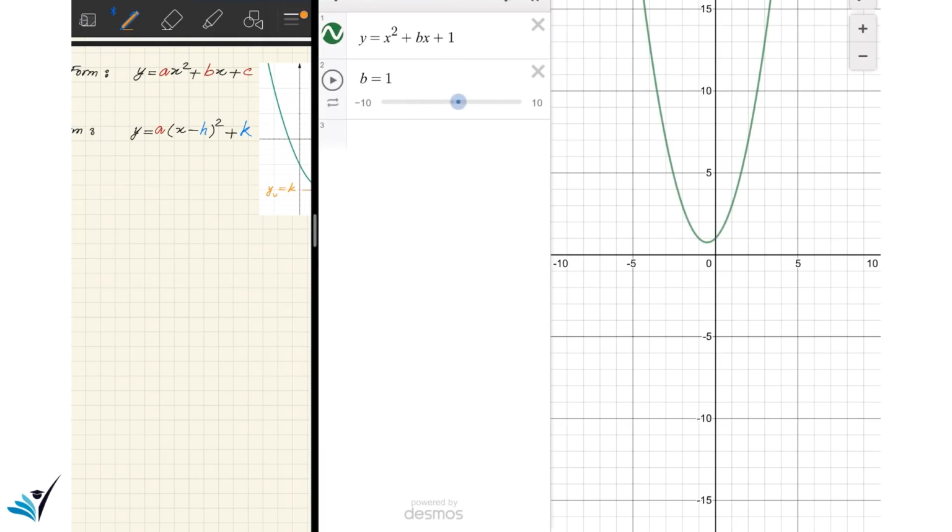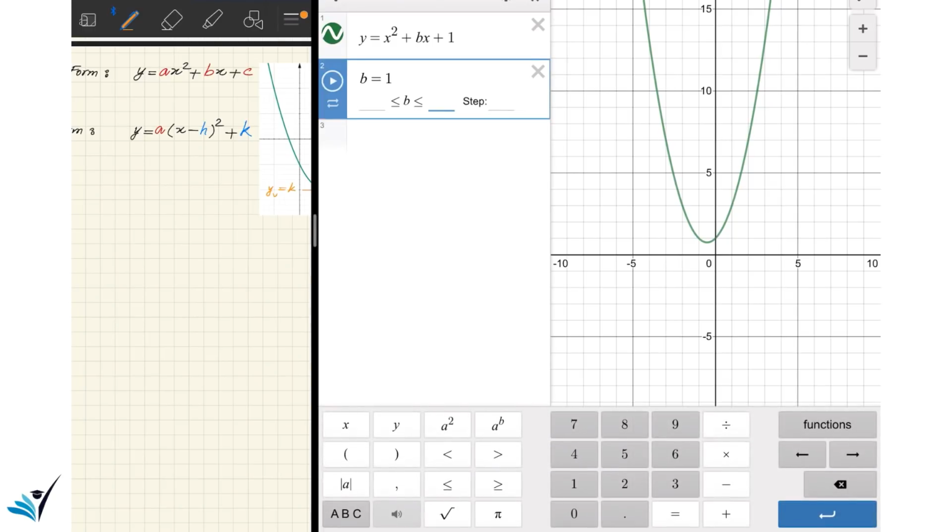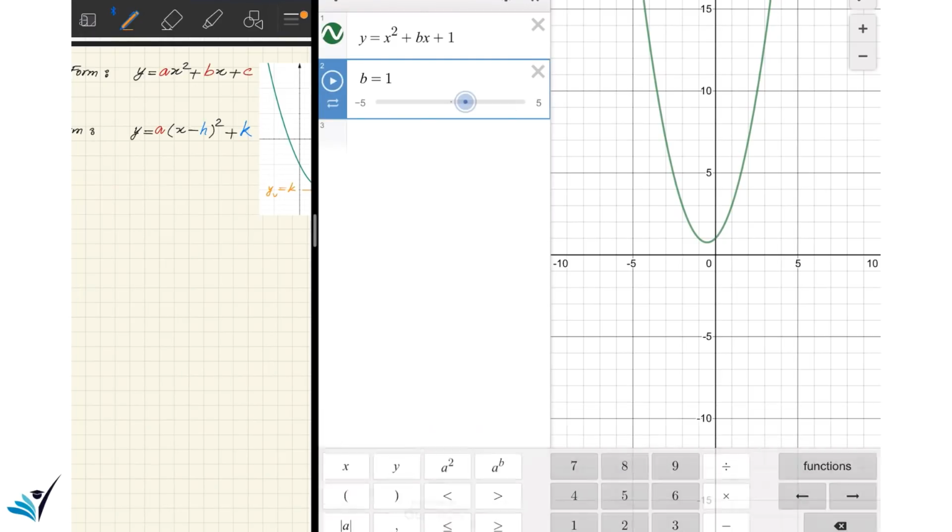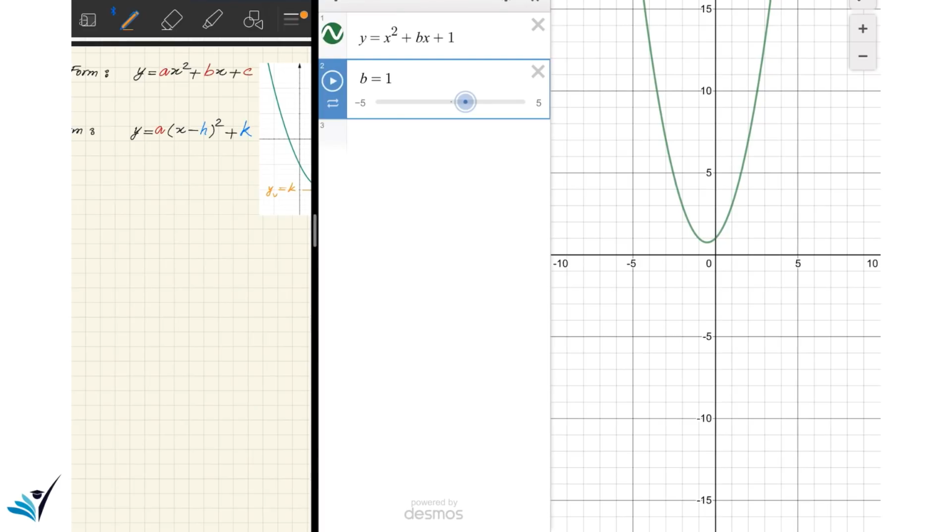The reason is that I want to change b to see how changing b will affect the shape of the parabola. I'm going to reduce the speed to half. I'm going to change the range from -5 to 5. So let's go ahead and start the animation.